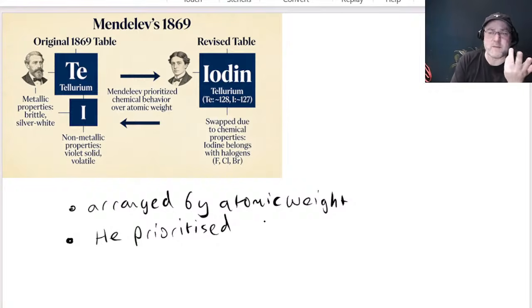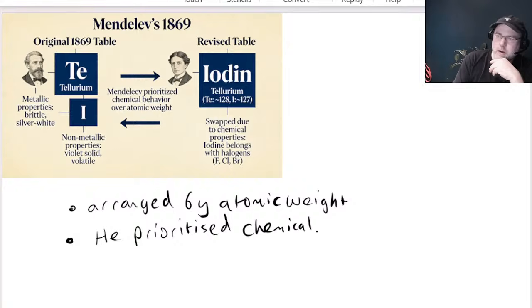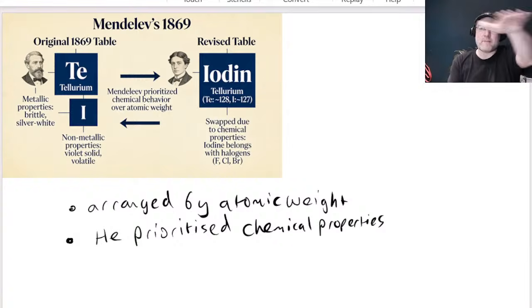You can just say he moved them about so they fit with their chemical properties. Even if he lined them up in order of weight, if he found one was more similar to another in terms of they both bubble in water, he was like, ooh, I'm putting them in the same group. So he moved stuff about, and then finally he left gaps.